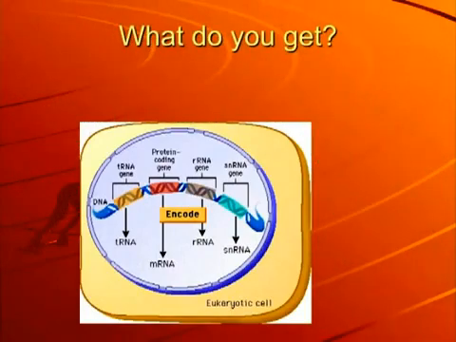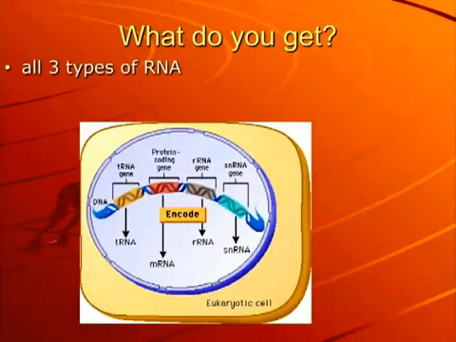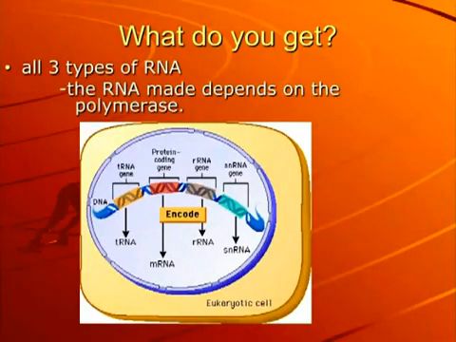So what you actually end up with from all of this are all 3 types of RNA, and which type you get depends on the polymerase that is used, whether you're going to get tRNA, mRNA, or rRNA. Now, the majority of the time, you're getting the mRNA, because when we get into translation, which means taking that RNA and making a protein, you'll see that tRNA and rRNA can get reused, whereas mRNA cannot.